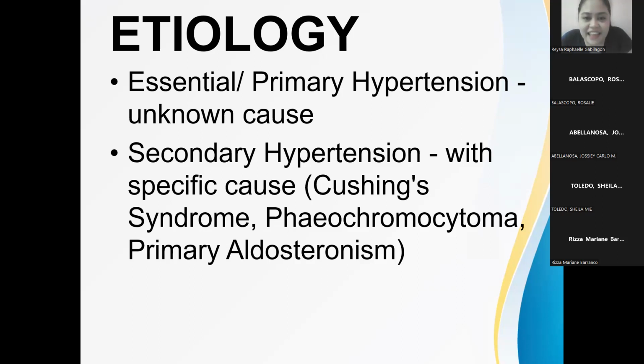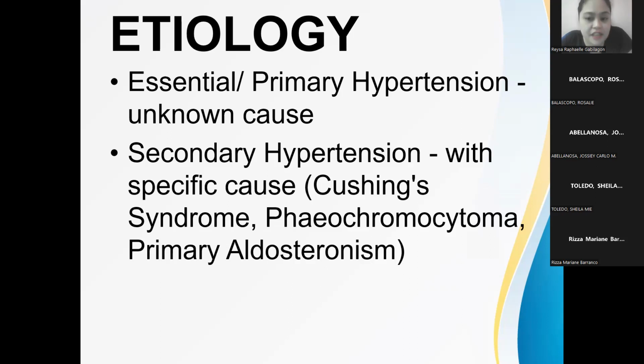Anyway, sige, the second classification or etiology for hypertension is secondary hypertension. So, itong secondary hypertension, merong known cause bakit tumaas ang blood pressure ng ating patient. And tumaas ang kanilang blood pressure due to diseases or conditions.